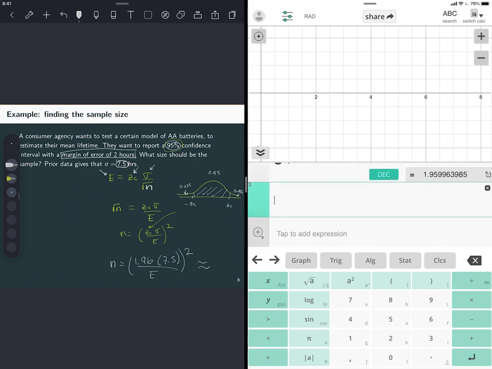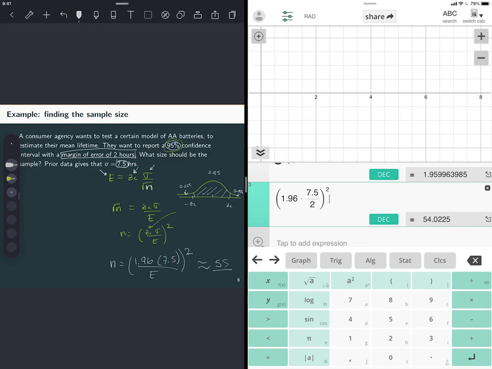So I just have to do 1.96 times 7.5 divided by 2, and then I'm going to square that quantity, and I get a sample size of 54. It's over 54, so you have to go back up to 55. Always round up. So this is how you would need to solve a problem if you need to find a sample size given a targeted margin of error.